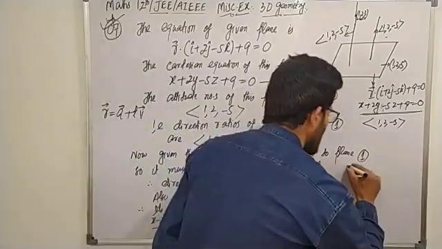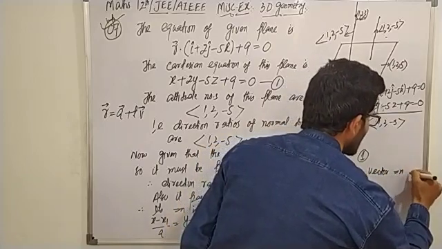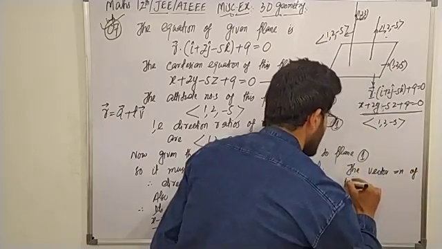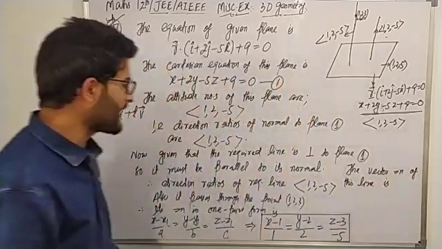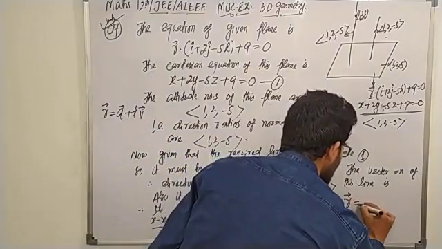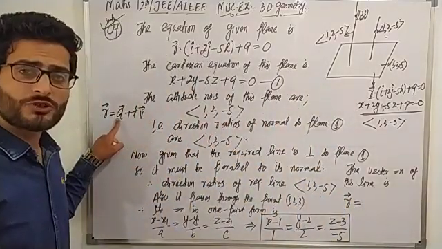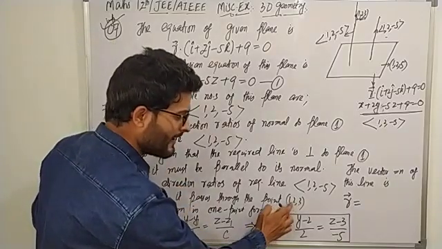The vector equation of this line is, so what will the vector equation of this line be? r vector is equal to a vector, the position vector of the point through which it passes. Which point is it passing through? 1, 2, 3.